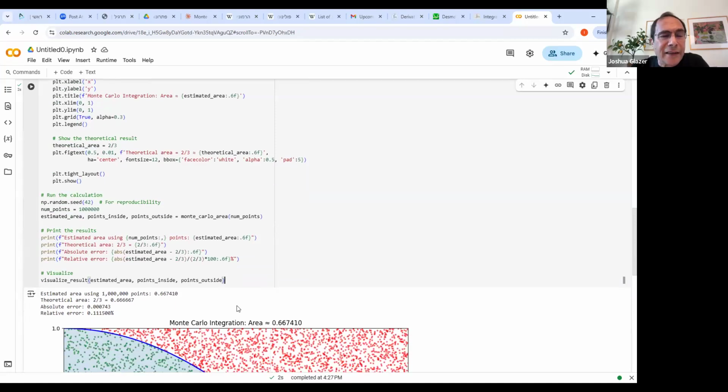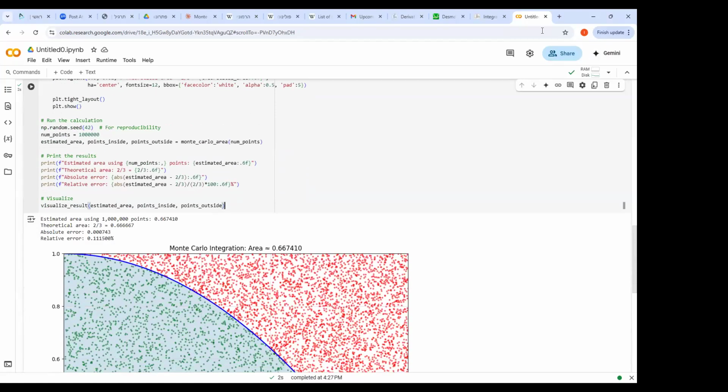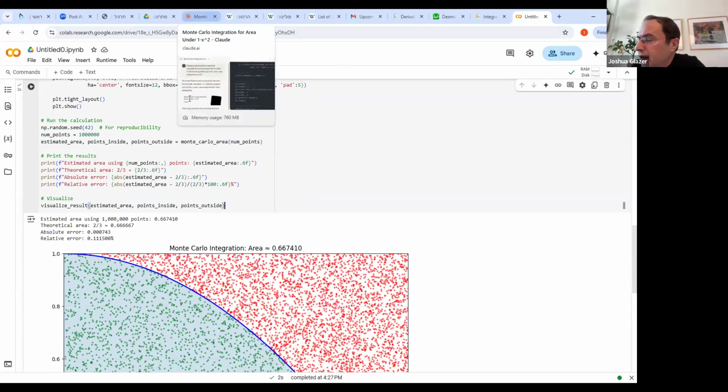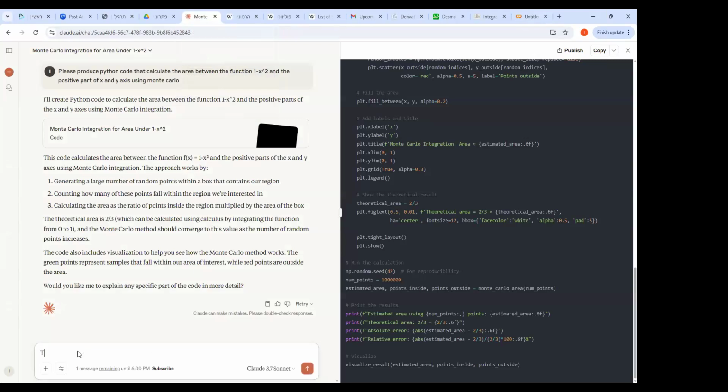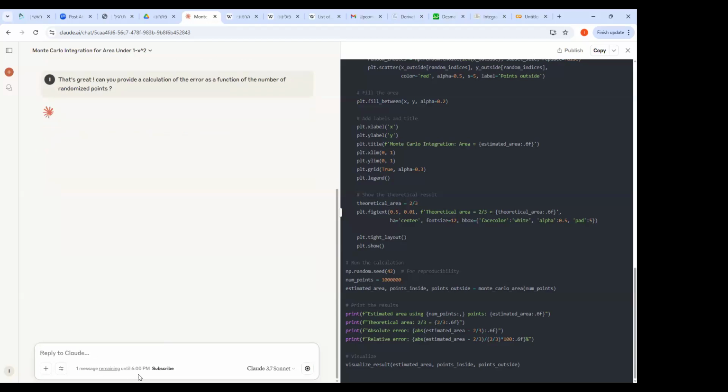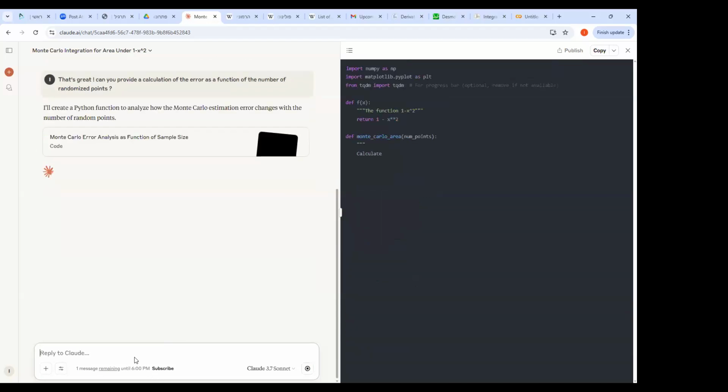Just ask it to show a graph as the error is a function of number of shots. Very simple.